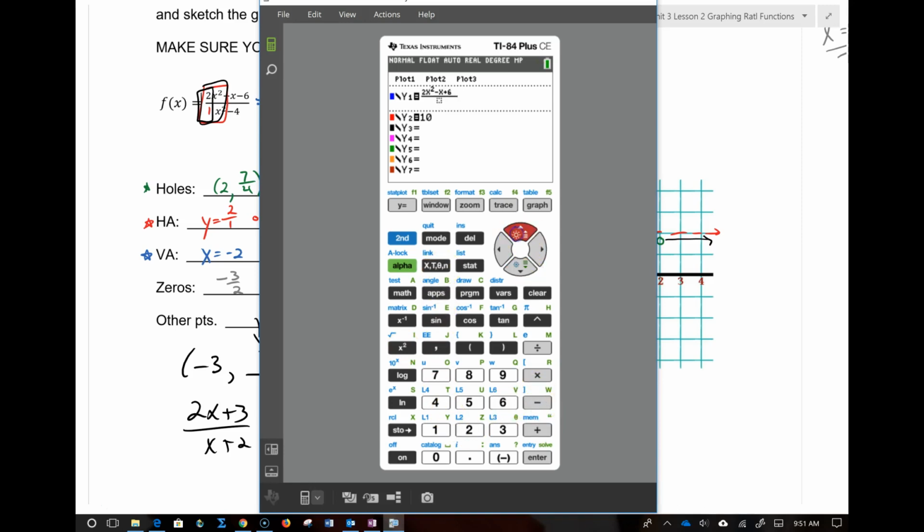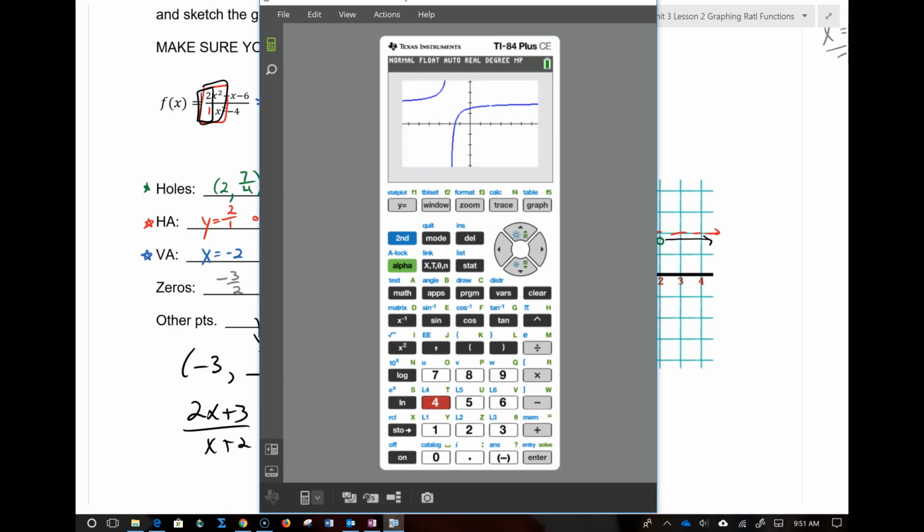Oops, I didn't do a minus 6. If you graph, either use Zoom 4 or Zoom 6. I don't care which one you choose to use on that one. Let's see, Zoom 4. It looks pretty good.